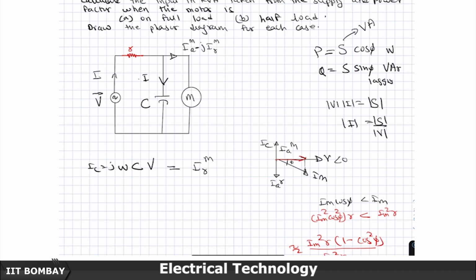So, please compensate your reactive power at the source. The reactive power source is the motor which is generating it, compensate it here and present to the utility a power factor which is close to unity.